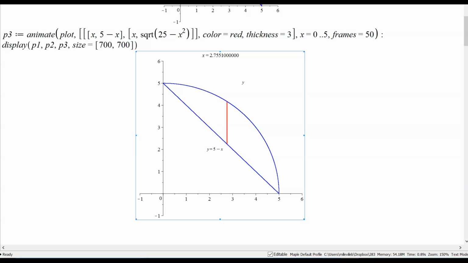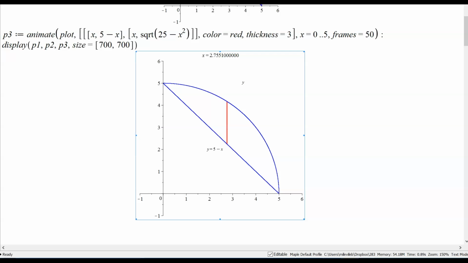So notice when we go from the left side to the right side that the slice changes in height. For one fixed x value, we're going to be slicing from the bottom to the top of this region, and those y values change as x changes as we're going across.